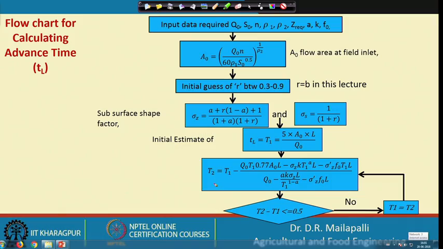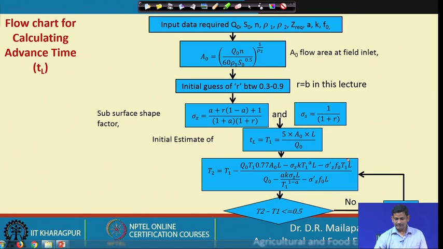Here in our case this is an implicit function. Basically, we are looking for the advance function, the advance curve, that is A, and the time is also an unknown.